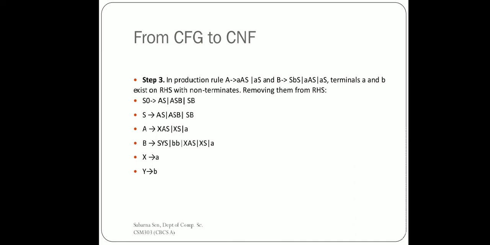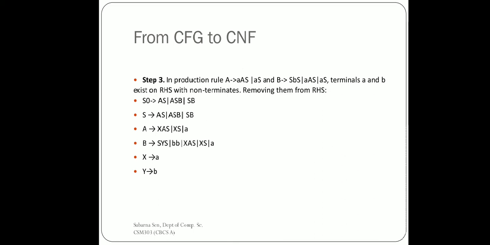Here we have incorporated one capital Y in place of small b in case of the B production rule. Capital B was deriving capital S followed by small b followed by capital S, and here in place of small b we have written capital Y. So we have to incorporate two more production rules: capital X is deriving small a and capital Y is deriving small b.